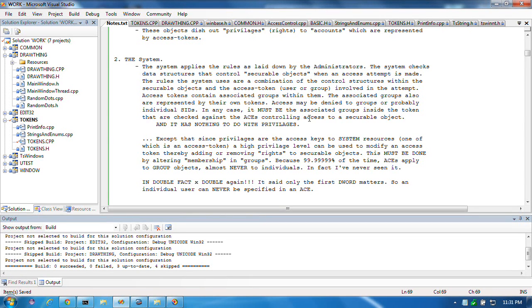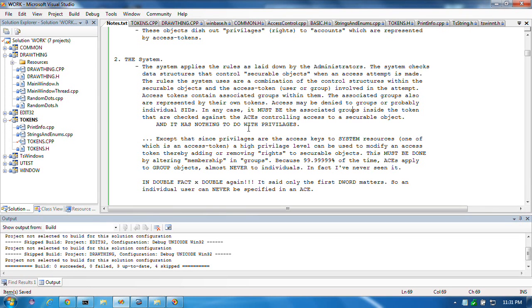The access control entries that are controlling access to one of these securable objects do so through the group, through the assembling of a group structure for a token. That's my belief. One thing I know with 100% certainty is that there is no possible way to specify in an access control entry anything to do with a specific user.